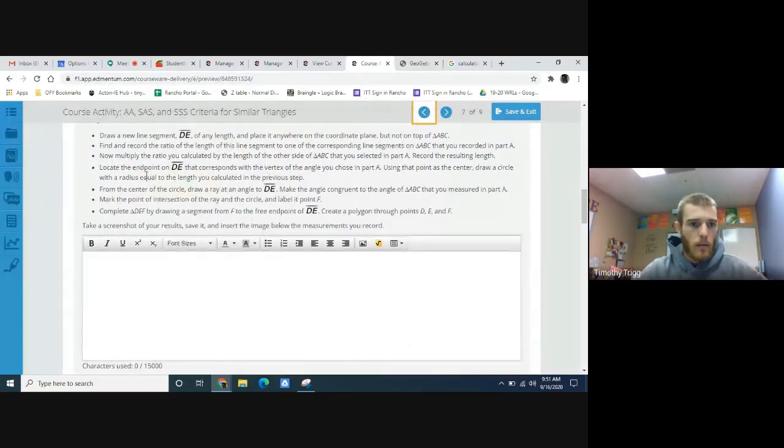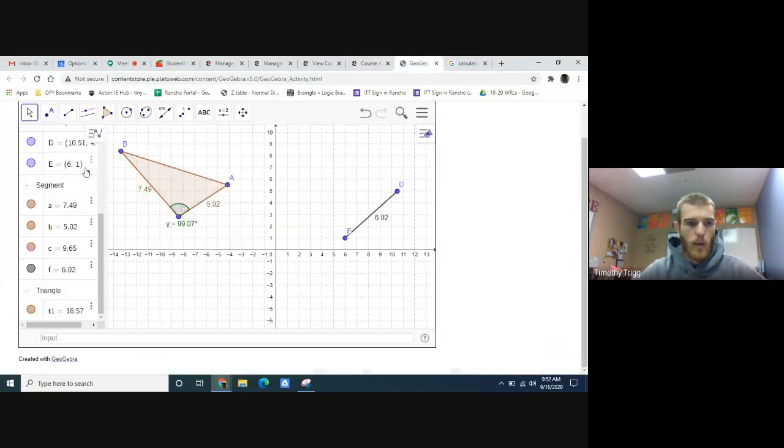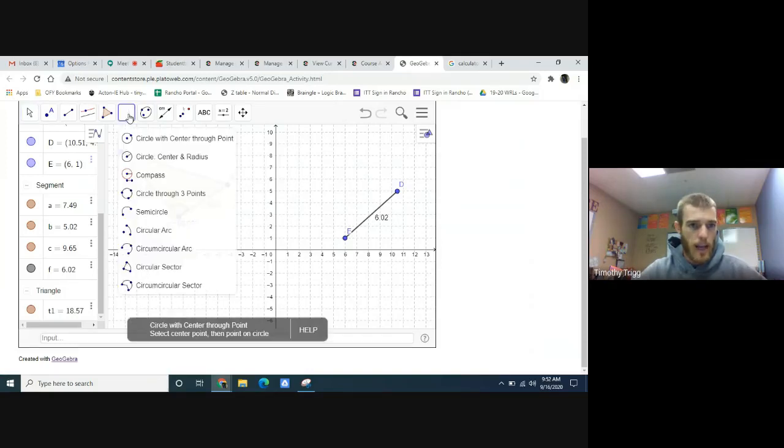Okay. Locate the endpoint on DE that corresponds to the vertex of the angle you chose in part A. Using that point as a center, draw a circle with a radius equal to the length you calculated in the previous step. So what they're asking us to do is now go to the circle tool. That's right here. Click that and go to circle, center, and radius.